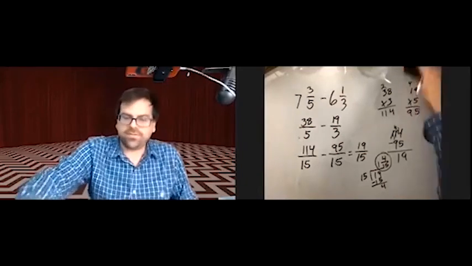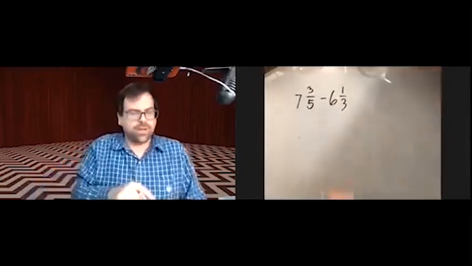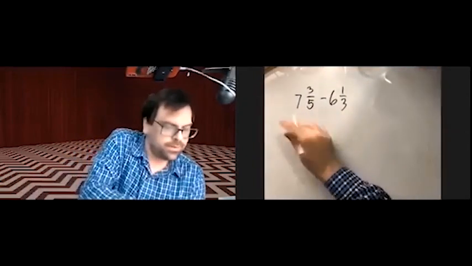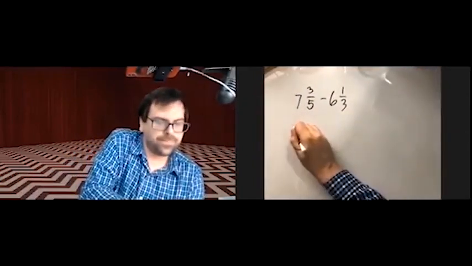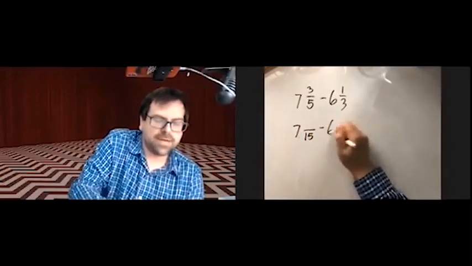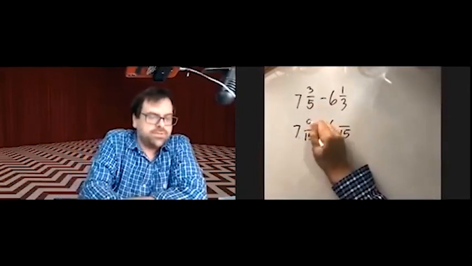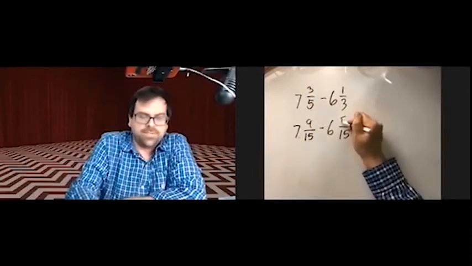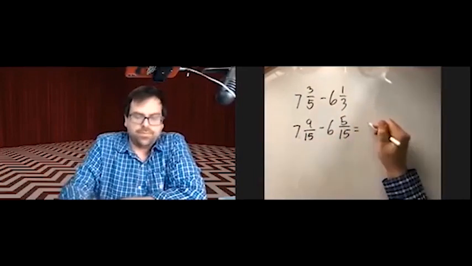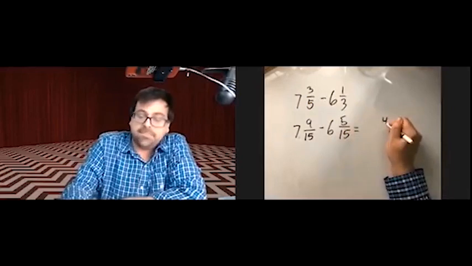What about our method of subtracting the fractions and subtracting the whole numbers? Well, 7 and some number of 15ths minus 6 and some number of 15ths, times 3 times 5. 9/15 minus 5/15 can be done.